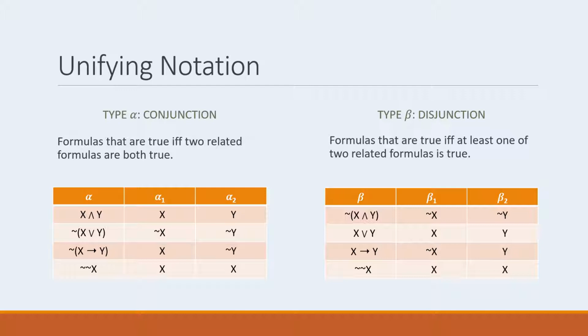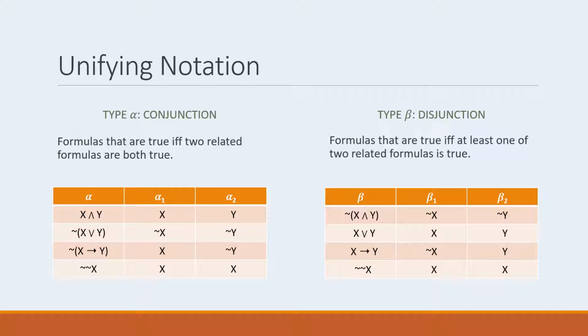The second type is disjunction, formulas that are true if and only if at least one of 2 related formulas is true. So that's the regular disjunction, x or y, true if and only if x is true or y is true. But it's also one of the other laws of De Morgan, the negation of a conjunction, not x and y is true if and only if not x is true or not y is true.